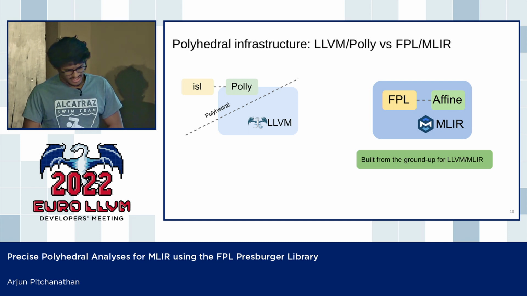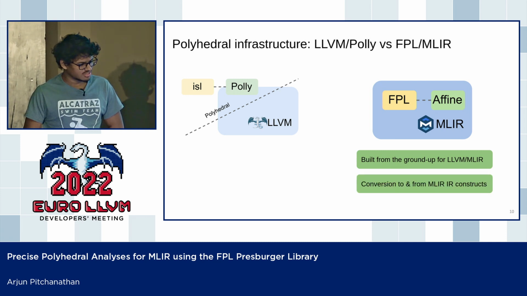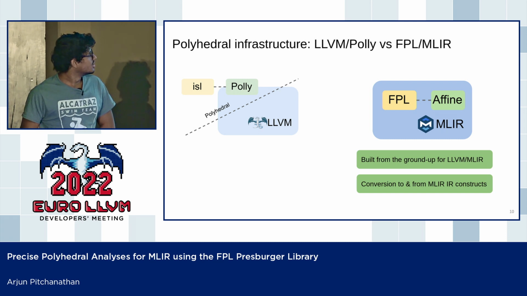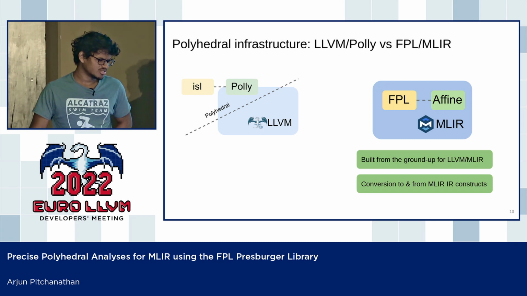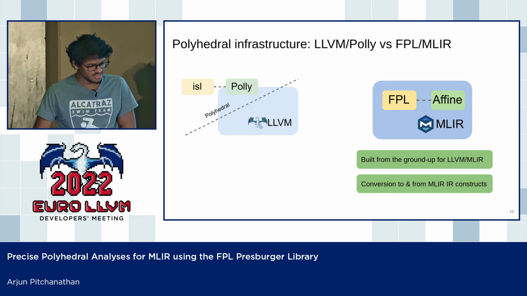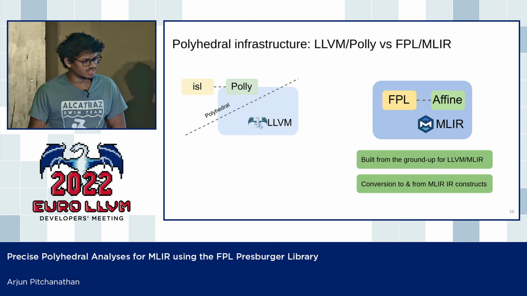And also because it's part of MLIR and it's been developed for LLVM MLIR, we have first-class support for converting to and from the IR constructs. And as we will see later in the tutorial with the implementation of the passes, it's actually really easy to convert to and from the IR here. In the old case, there used to be a much larger impedance mismatch in doing this.